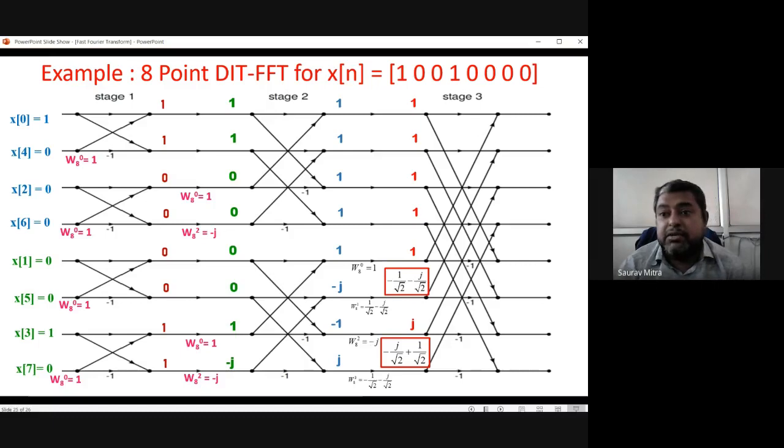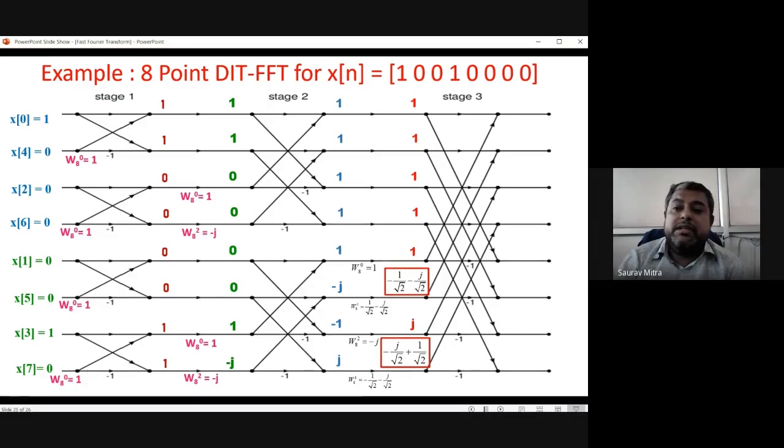And again I'm telling you, W81 and W83 are not complex conjugates. Please don't make that mistake, because real parts are different. For complex conjugates, only the sign of the imaginary part changes, the real part stays the same. But for W81 and W83, the real parts are different. Here the real part is 1 by root 2, here the real part is -1 by root 2.